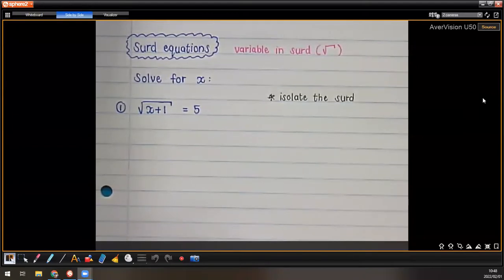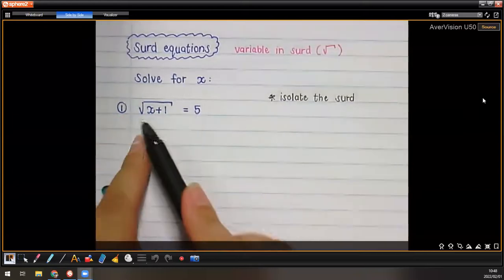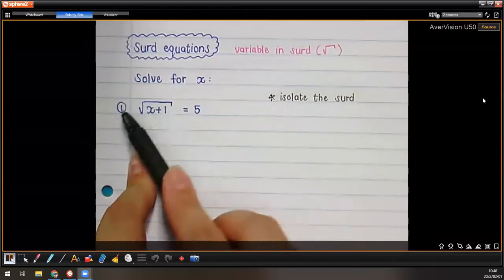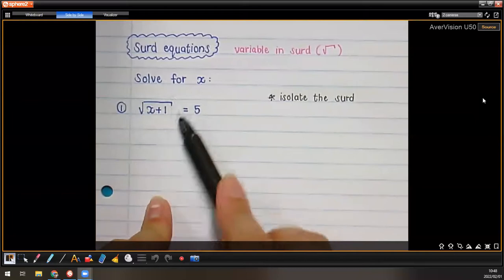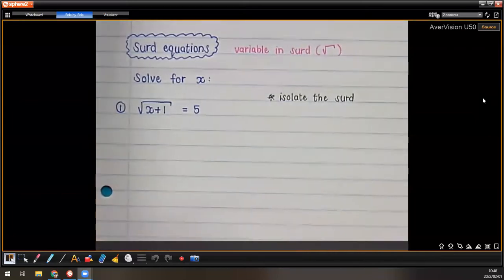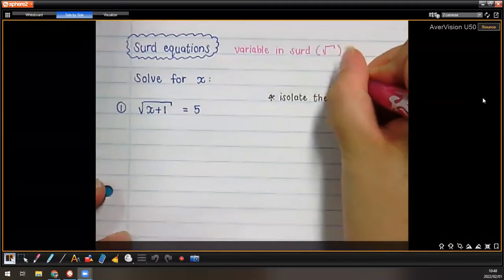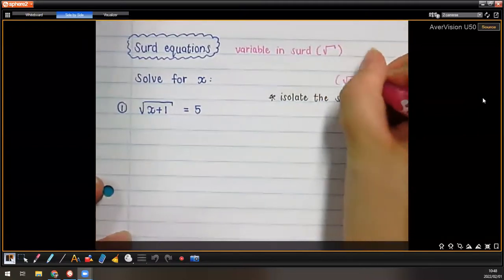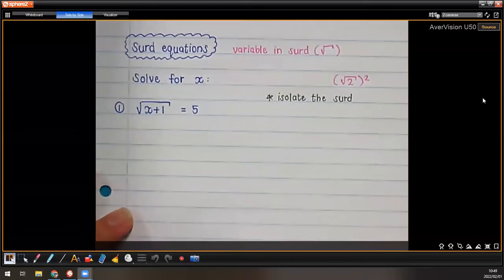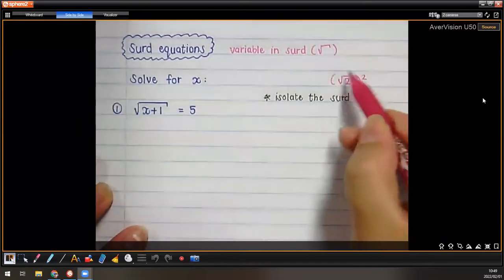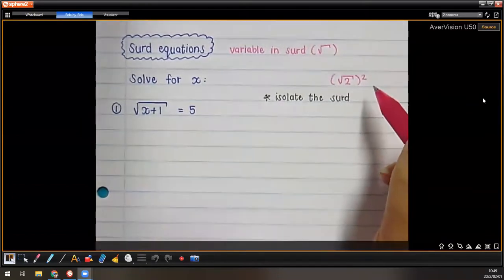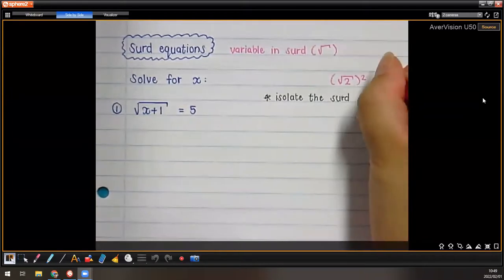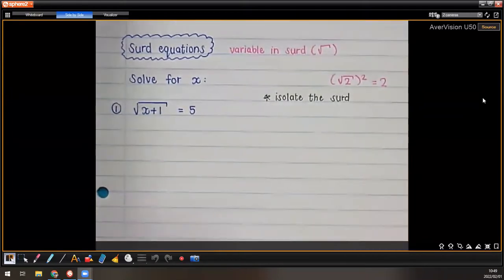So the first thing that we're going to try and get rid of here is actually this square root. Right, now when we're solving an equation, when we move things over the equal sign to the other side, we do the opposite operation. Now what do you guys think? What is the opposite operation of square rooting something? Squaring. Okay, so that's what we're going to do, guys. In order to get rid of the square root, in order to cancel it out, we're going to have to square the whole thing, right? Because what is the square root of 2 squared? Do you guys remember that? I think you did that in grade 8. The square root and a square will cancel each other out, right? So this answer is actually just 2.